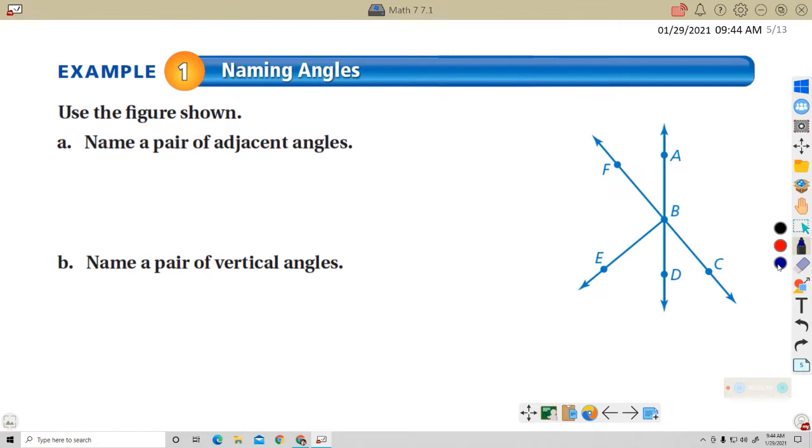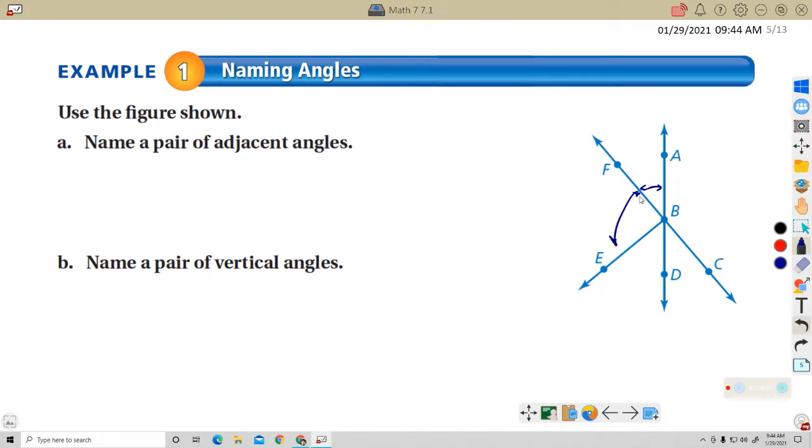So let's talk about naming angles here. Name a pair of adjacent angles. There's a lot of them here, so there's going to be more than one pair of adjacent angles. But again, the idea is that they share a common side. So maybe this is the common side between this angle and this angle.